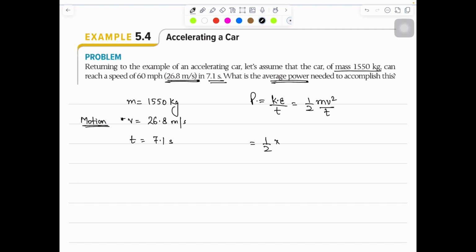Half, mass is given, 1550. Velocity is 26.8 square divided by the time, 7.1. Solve it fast. So the answer is 78.4 times 10 raised to power 3 watt.